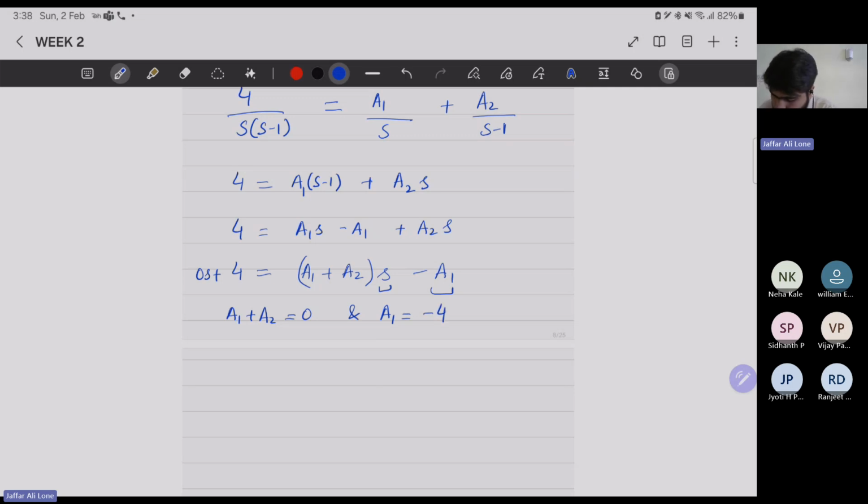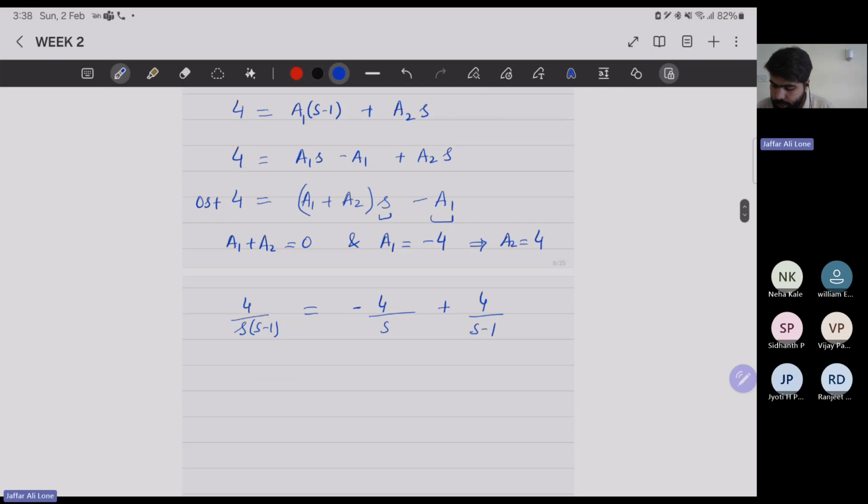So when A1 is minus 4, then A2 is plus 4. Or we can write the function as minus 4 by s plus 4 by (s minus 1).